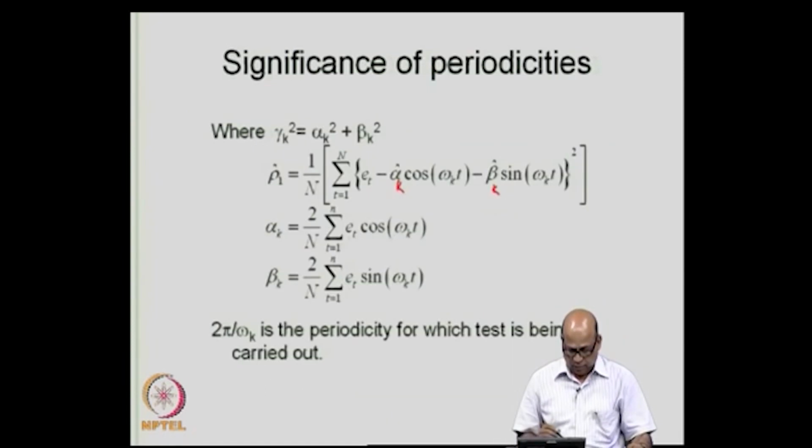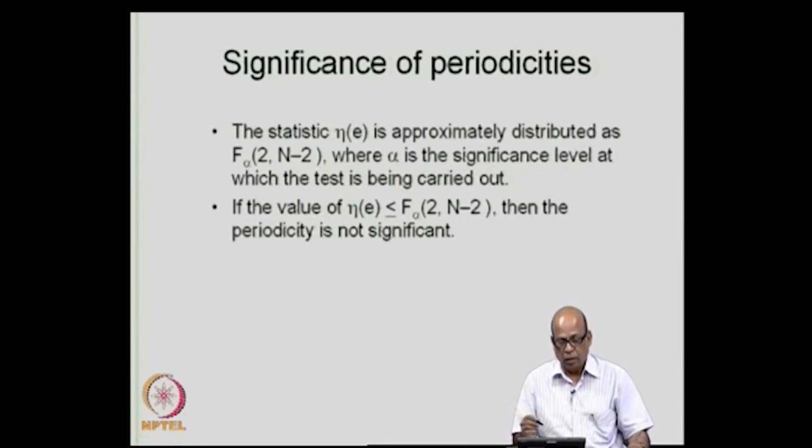Now, the periodicity for which the test is being carried out is 2 pi by omega k. Let us say you obtain a 12 months periodicity even in the residuals, then the corresponding value of omega k is 2 pi by that particular periodicity. So, the statistic eta e is approximately distributed as F 2, n minus 2, where alpha is the significance level.